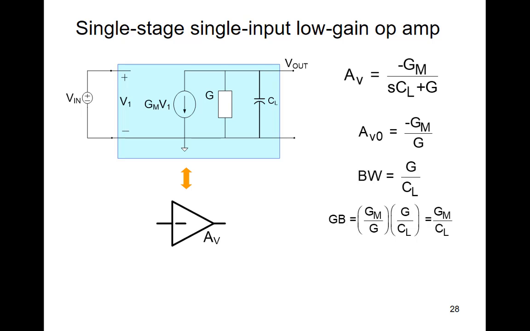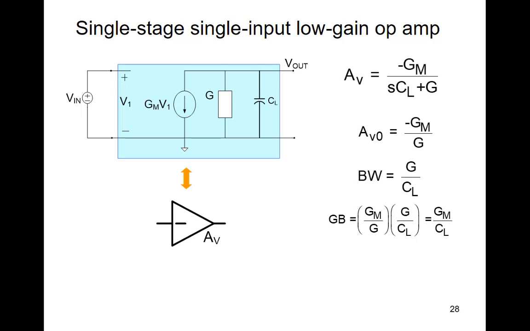So the pole is G over CL, and the bandwidth is the negative of the pole, so it's G over CL. And the gain bandwidth product, take the product of the gain and the bandwidth, the G's cancel, and it's Gm over CL. These are two of the most important parameters of most op amps, the gain and the gain bandwidth product.